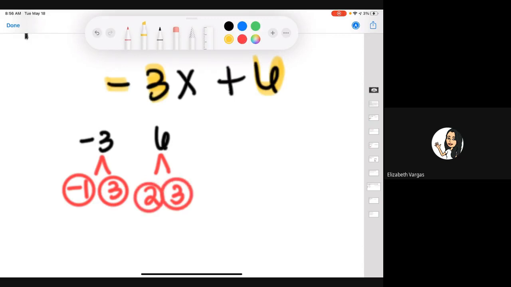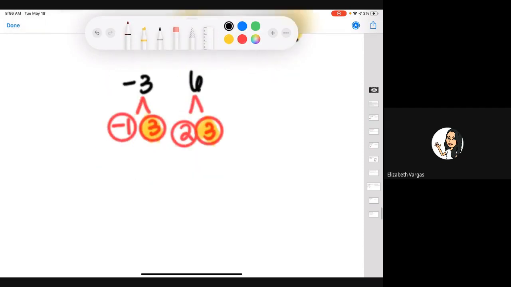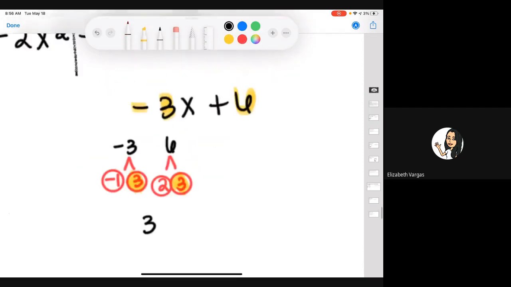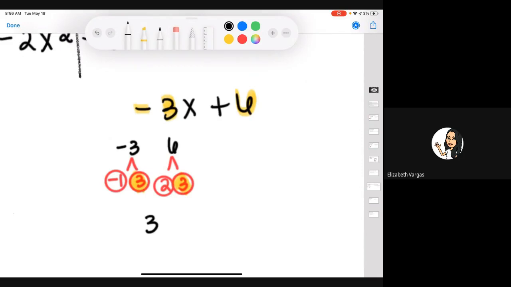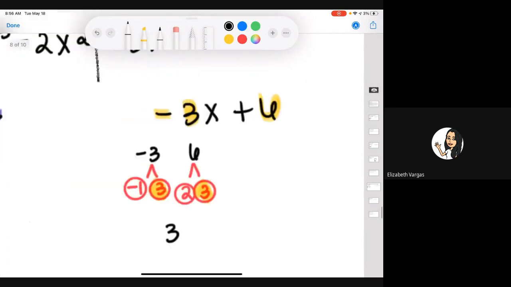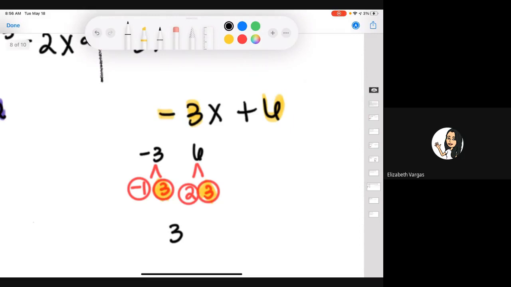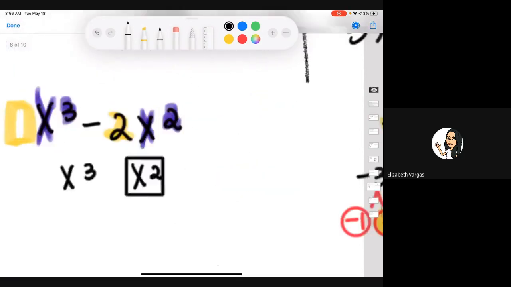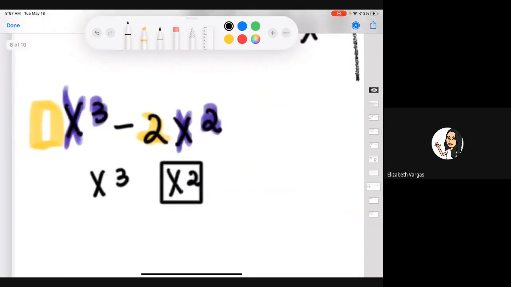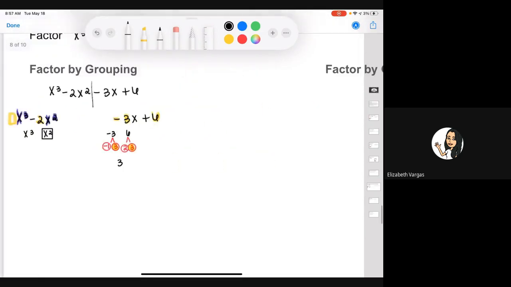What do they have in common? 3. Do they share common x's? Well, no. One has an x, one doesn't, and so I don't have to factor anything out. So in this example, this one had an x and this doesn't, so I don't have to take out an x. And while here, this one has a whole number, this one doesn't, so I want to take out a whole number. Okay, so there I've identified all my factors.